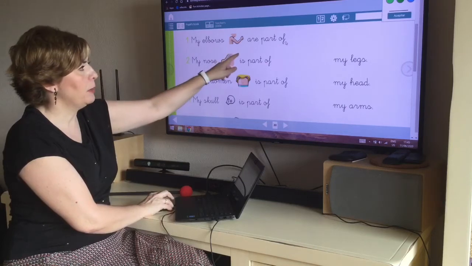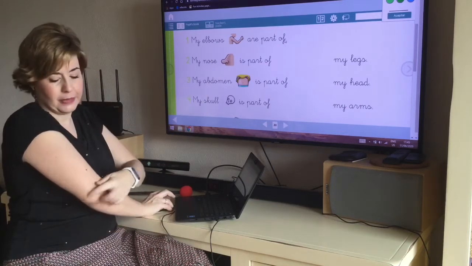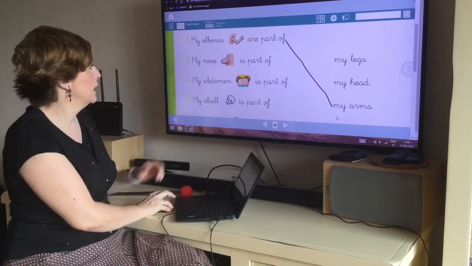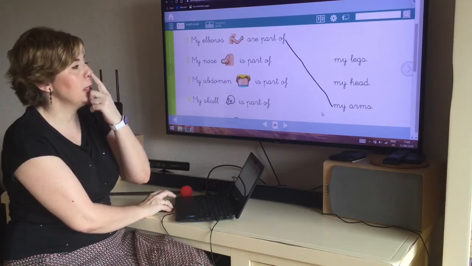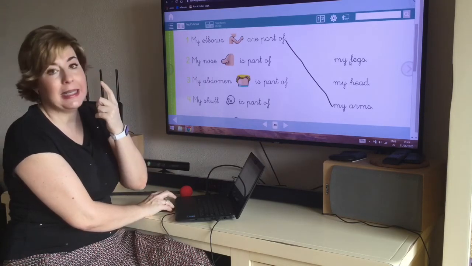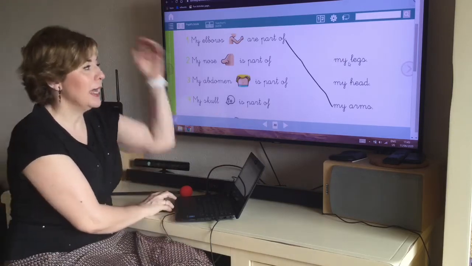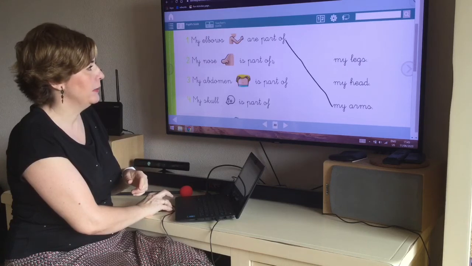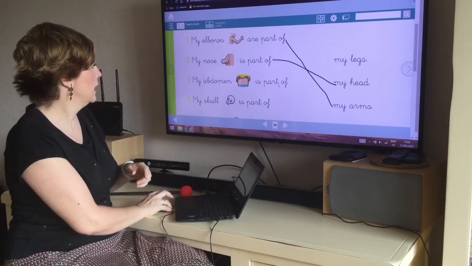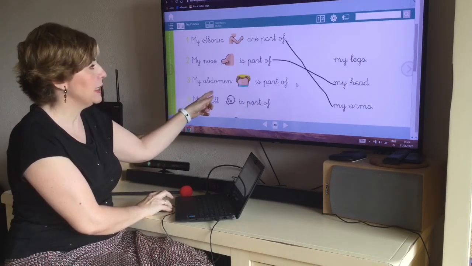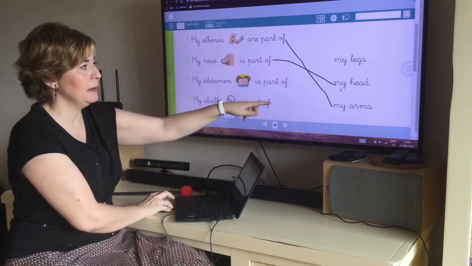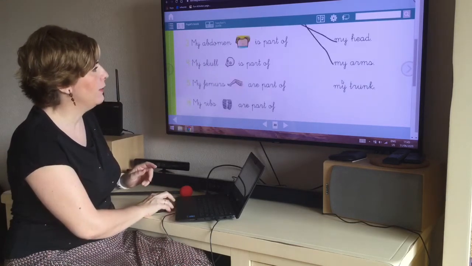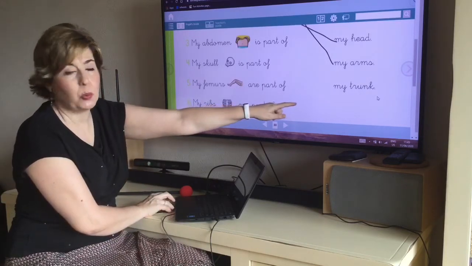My elbows are part of, it's here, so it's my arms. My nose is part of my legs, my head, or my arms. My head. My abdomen is part of my legs, my head or my arms. And here we have my trunk as well.